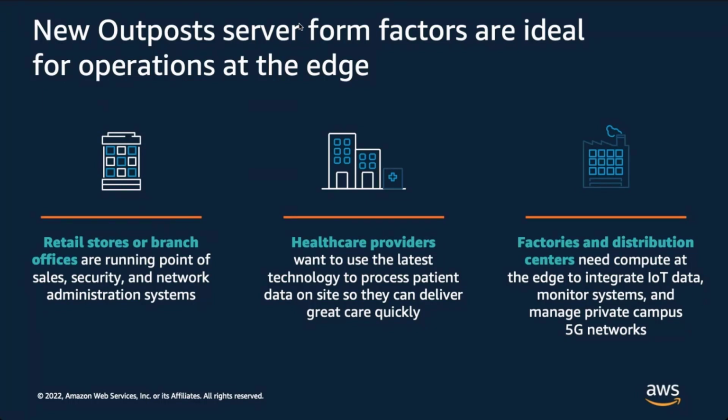So marrying those two together can really help streamline things and make you more efficient, and focus on the things that matter more to your business outside of managing hardware and things that run on that hardware. But these are some of the industries that we really see Outpost servers as a use case. They're not the only ones, but these are some of the big ones.